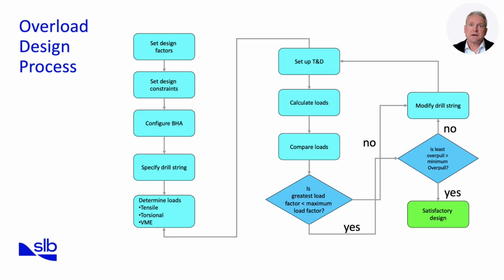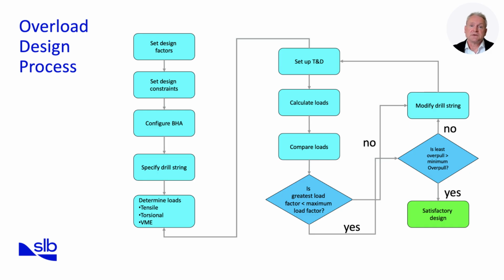The overload design process follows a logical step-by-step approach. First, we set the design factors for tension and torsion, ensuring that the useful load capacity is a safe fraction of the rated load. Next, we calculate the loads the drill string will face: tensile, torsional, and equivalent von Mises stress. These loads are then compared against the design constraints.